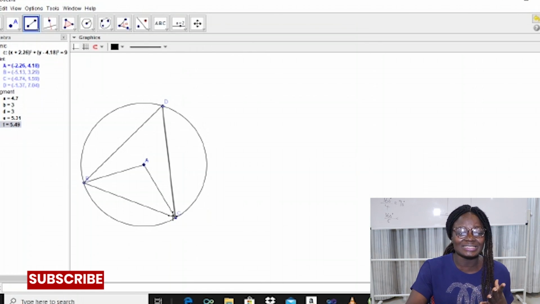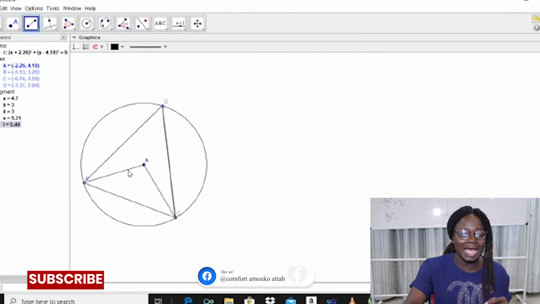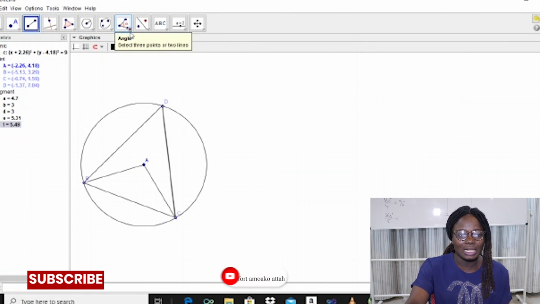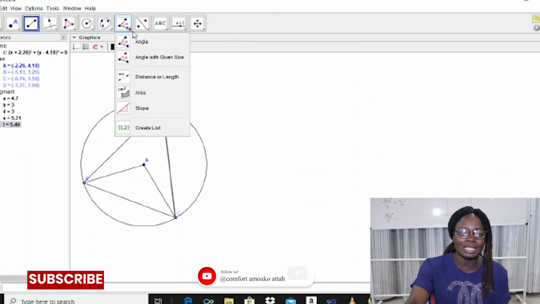Let's now measure the angles at point A, that is angle BAC. So I'm going to choose my angle. There's a small arrow here. Click on it to select your angle. Great.